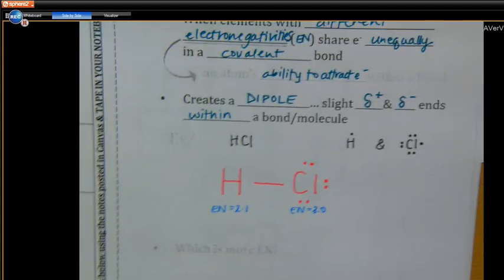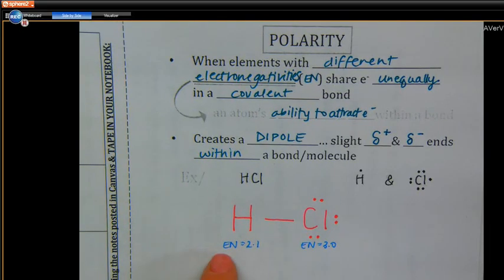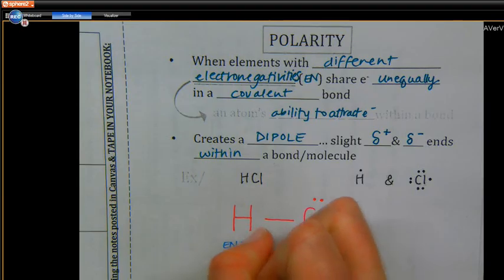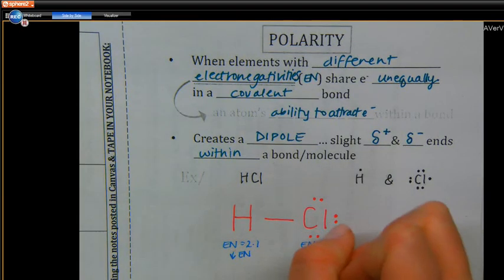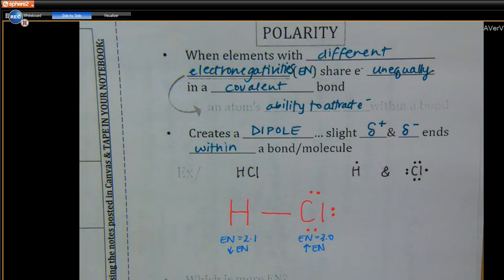Whereas hydrogen, because it's weaker, the electrons aren't hanging out around it as much in the bond, they're hanging out more with the chlorine. It's missing out on that negativity, so it develops a slight positive charge because it has less electronegativity.